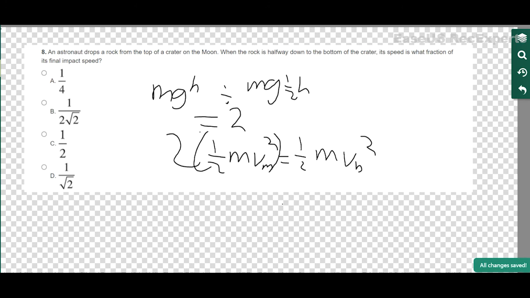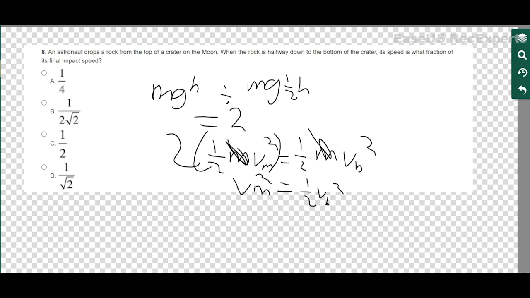So then we can take out the 1/2 m's. Actually, we can just take out the m's, and we would get v middle squared is going to be equal to 1/2 v bottom squared.